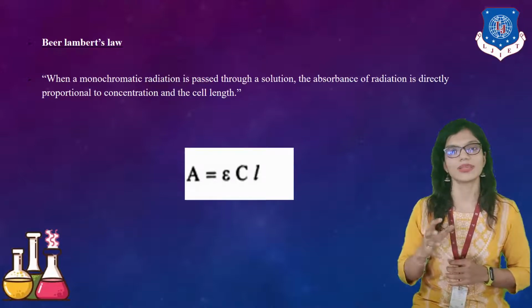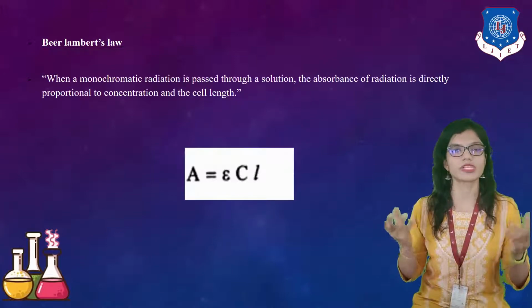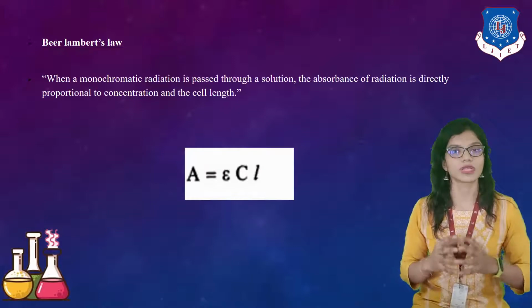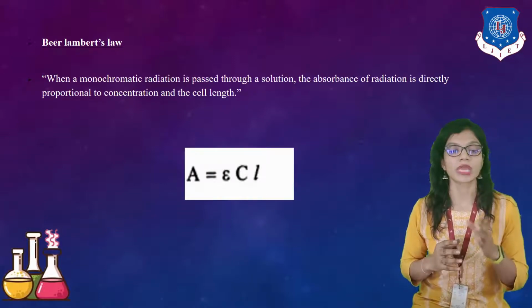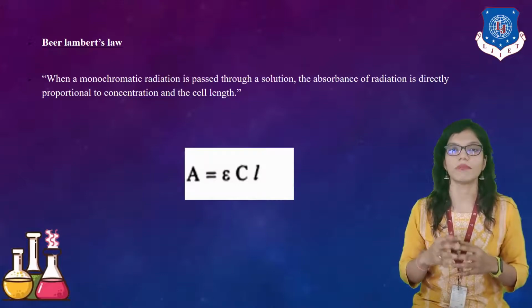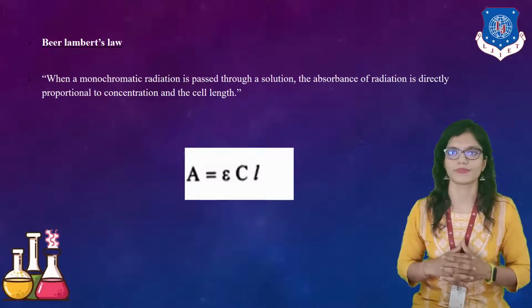Number two, a scientist named Lambert. Both of them gave the principle of UV visible spectroscopy on their own. And afterwards, after certain research, it was decided that we can combine them together and make one particular system, which is known as Beer-Lambert's law.